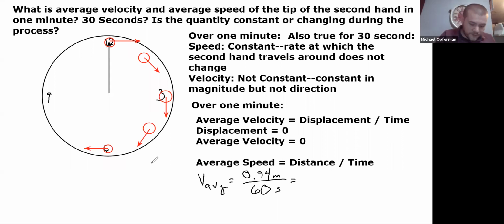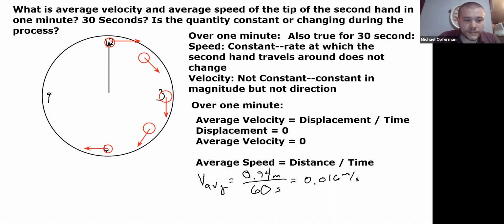So that's going to give me an average speed of around 0.016 meters per second. So there's the average speed. Notice, by the way, the average speed is positive. It totally doesn't matter which direction the object moved in. There's no possibility that this could be anything but positive. And also it doesn't have any direction associated with it. It's just a number. Okay, so there's the average velocity and average speed.